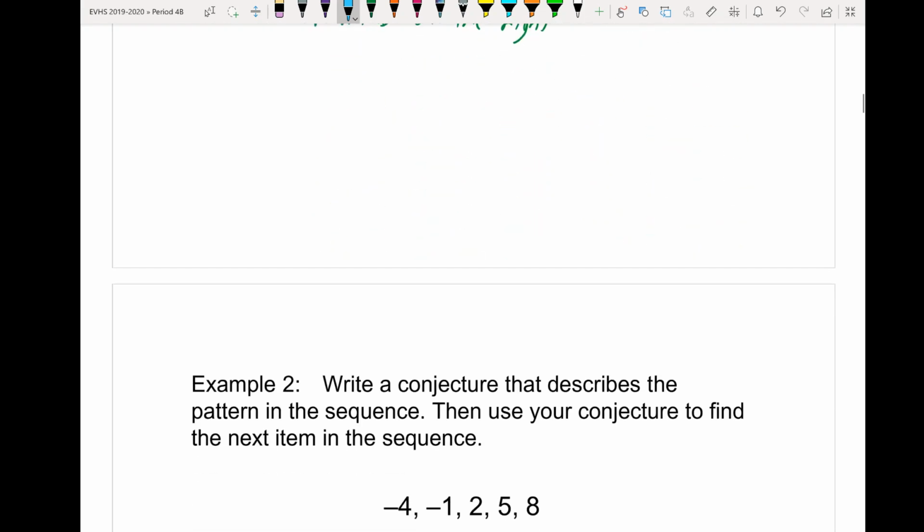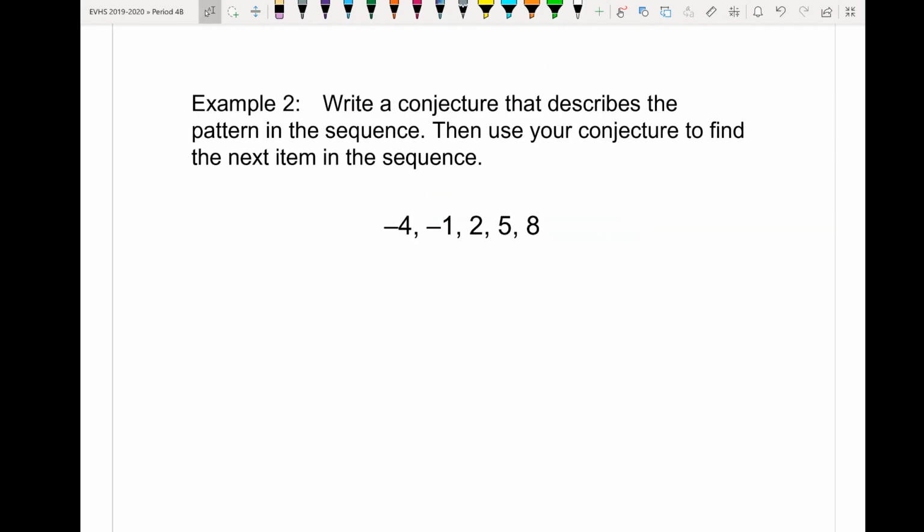All right. Moving on. Example 2. Write a conjecture that describes this pattern and then give me the next item. So what is our pattern here? +3. +3. I'm going to say you're going to add 3 to the previous item.